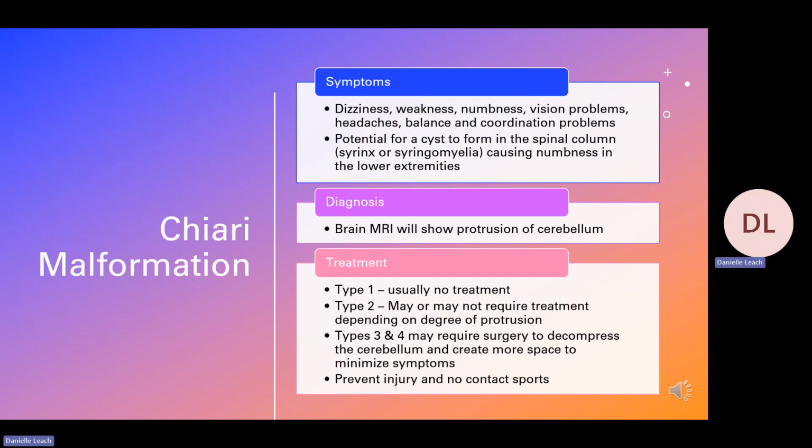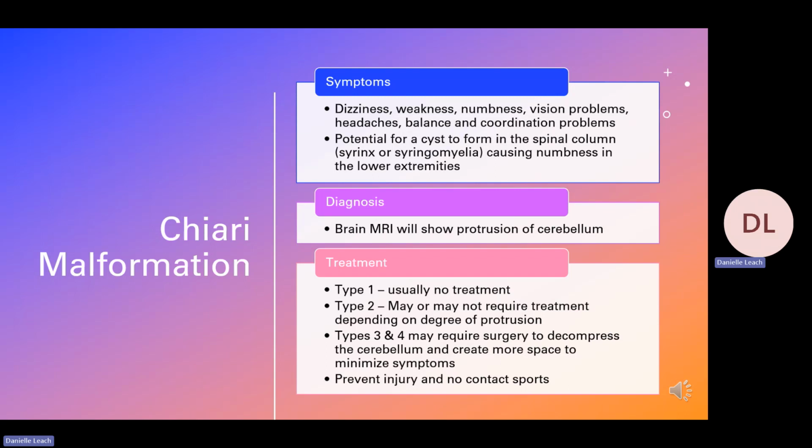So these symptoms can range from mild to severe depending on what type of Chiari malformation the child has. And then again, if you remember that they can also have myelomeningocele or encephalocele along with this, some of these symptoms can be compounded by things like trouble walking, trouble crawling, trouble moving, trouble eating.